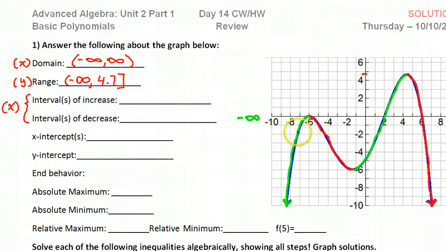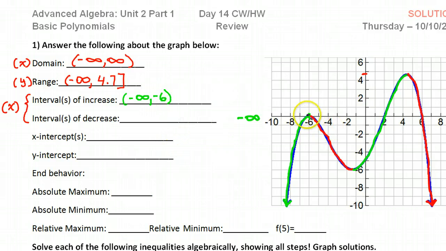This first interval comes in from the left forever, so it starts off at negative infinity. See the arrow. And then it ends right here at negative 6. So negative infinity to negative 6.